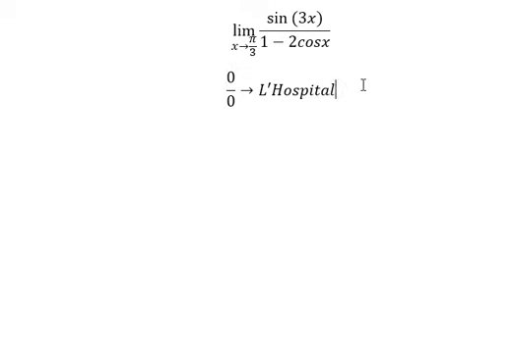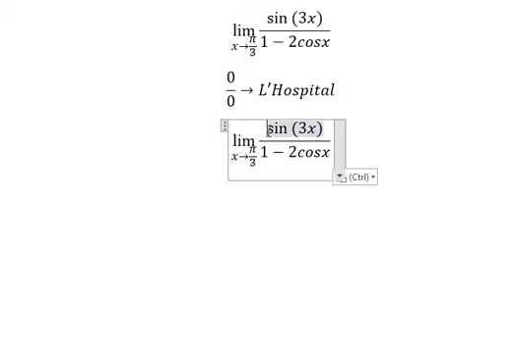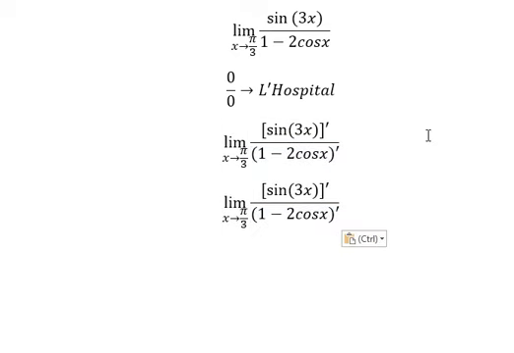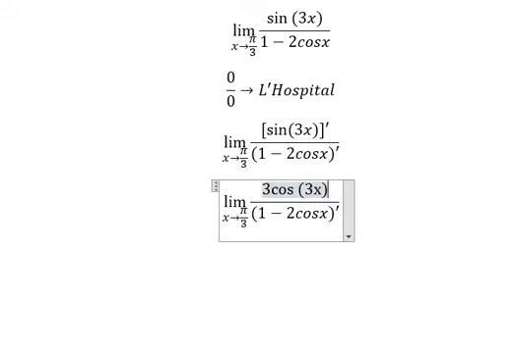So we need to do the first derivative on the numerator and denominator. First derivative of sine 3x, you get about 3 cosine 3x.